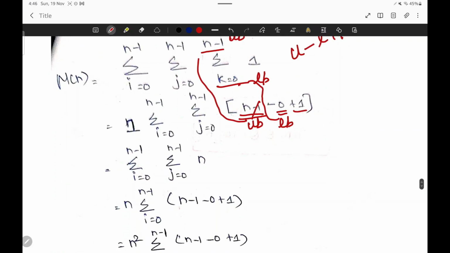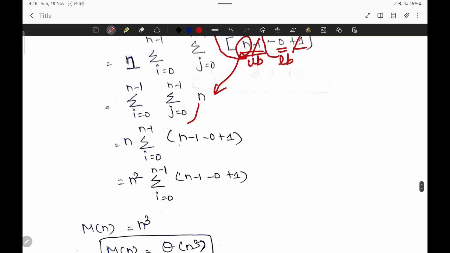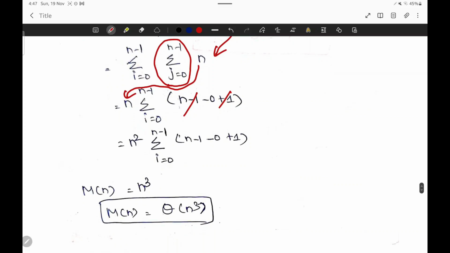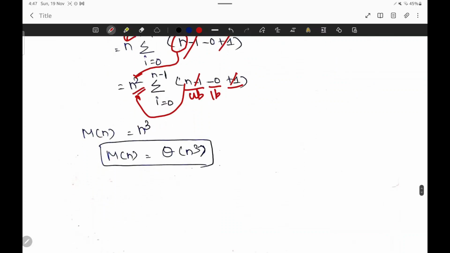So what will happen? The plus 1 and minus 1 get cancelled and we get n alone. We take this n outside and again apply upper bound minus lower bound plus 1 to the next summation. The minus 1 again gets cancelled, and this n is multiplied with the outer n, so we get n squared. Similarly, applying upper bound minus lower bound plus 1, the minus 1 and plus 1 get cancelled, and again we get n, which is multiplied with n squared.